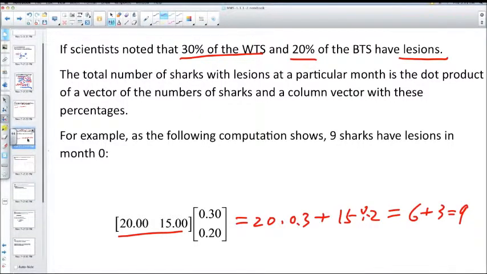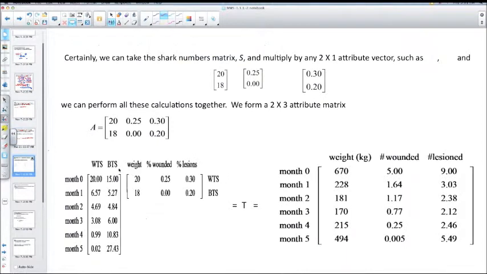And what's next? The next, let's put the sharks together. If we are concerned with both the weight, the wounded number, and the lesion, we want to put all the numbers together. What are we going to do?